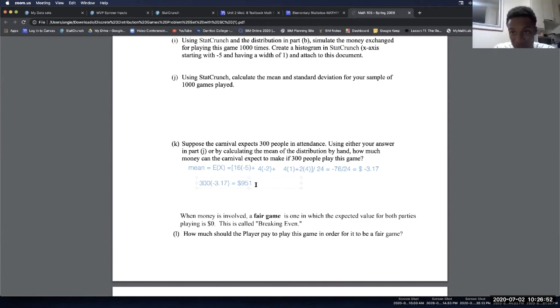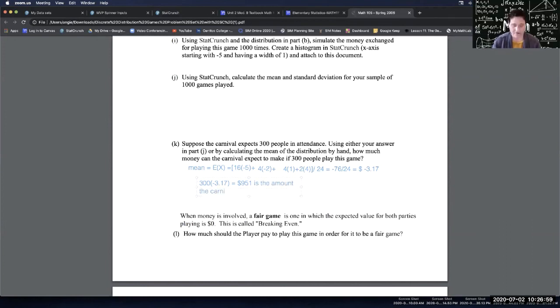Yeah, that is the amount the carnival expects to make from this game. Now, you guys could have also taken just what you got from your calculation from your 1,000 rolls and multiplied that by 300.